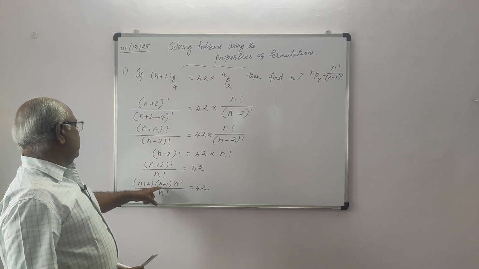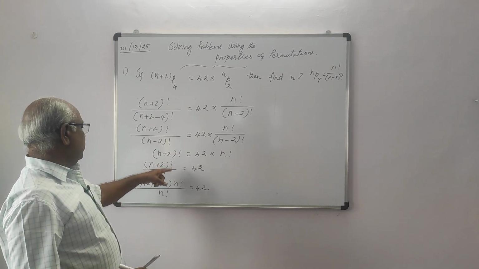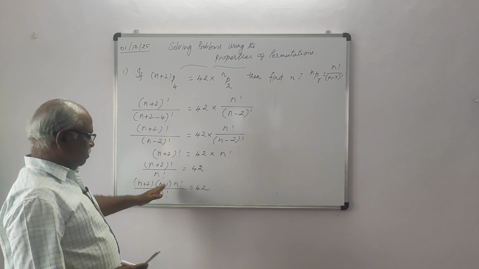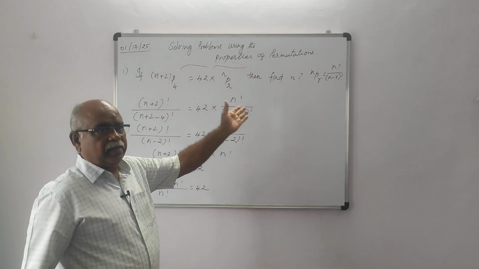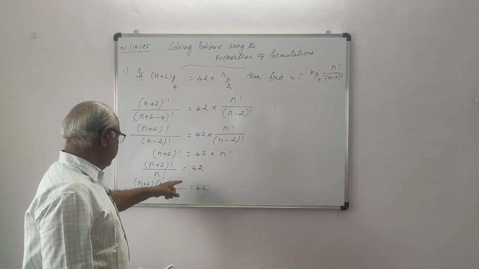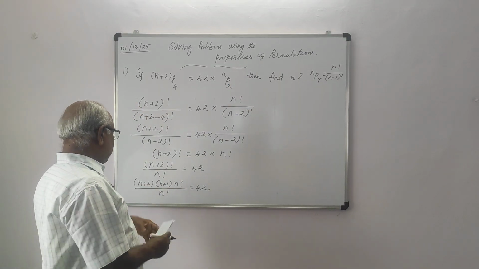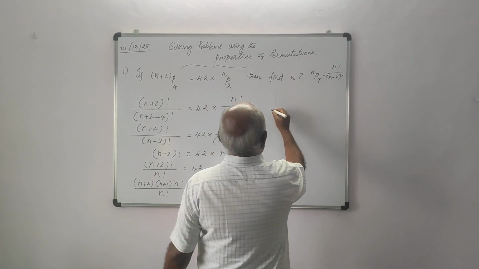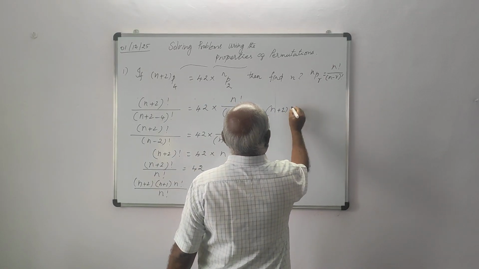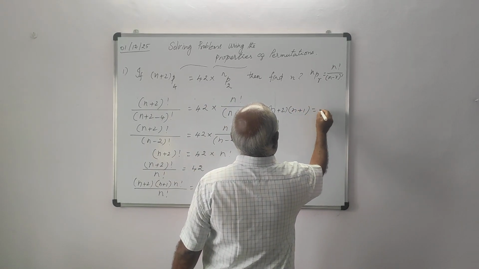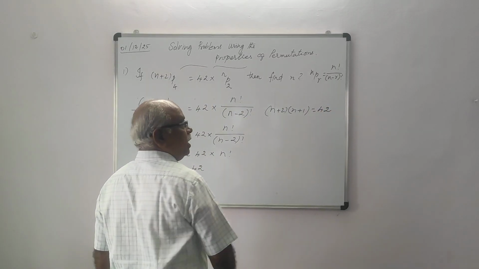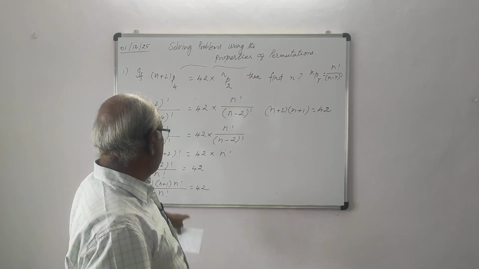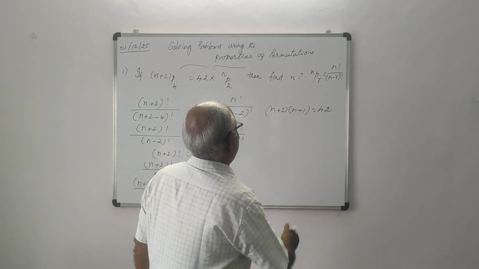The next term is n, then n minus 1 and so on up to 1. Therefore n factorial divided by n factorial is cancelled in the numerator and denominator. You will get n plus 2 into n plus 1 equal to 42.